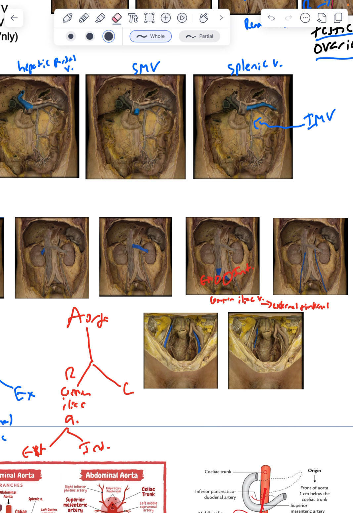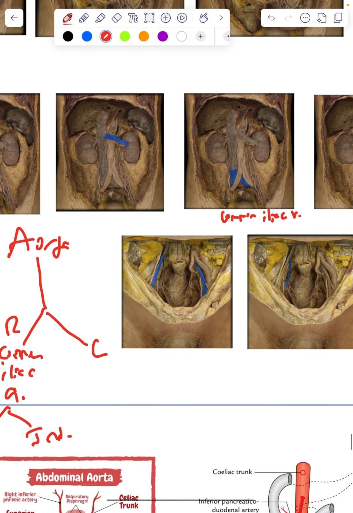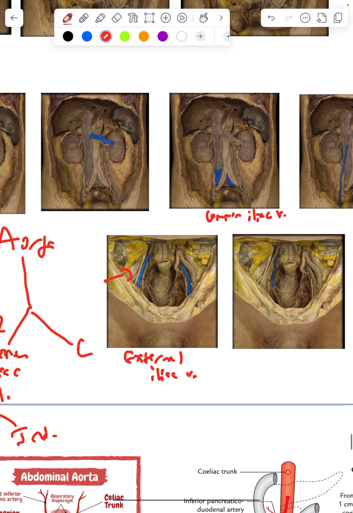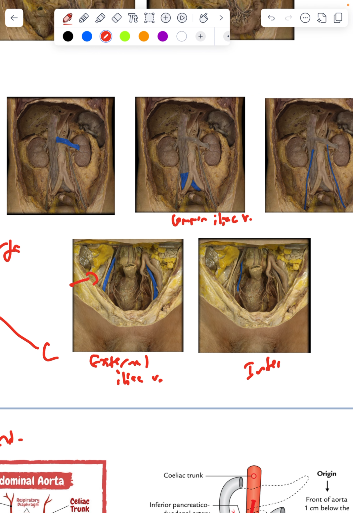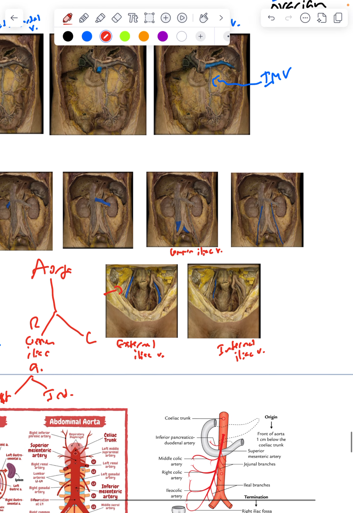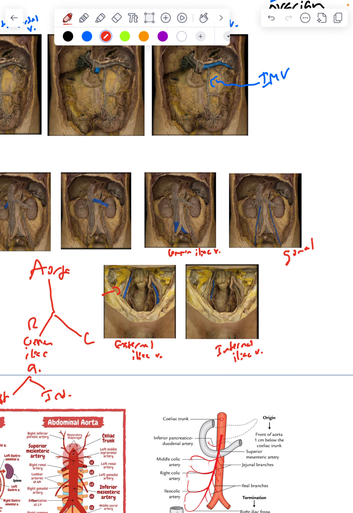Okay, so this is more clear over here. So that's right and left common iliac, and then I'm going to save the external and internal for here. So this is external iliac vein, and this is internal iliac vein. And then here, these are your gonadal veins.